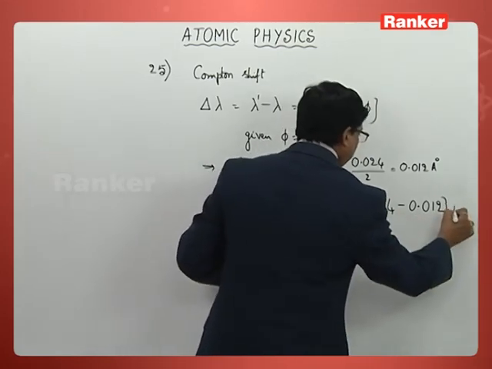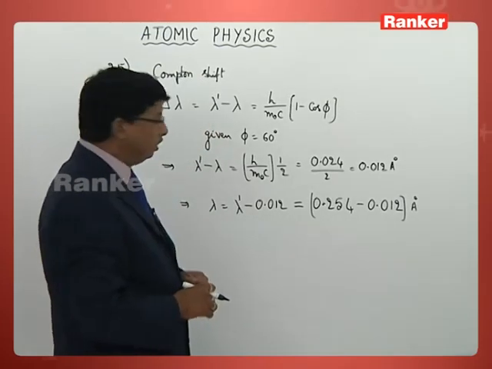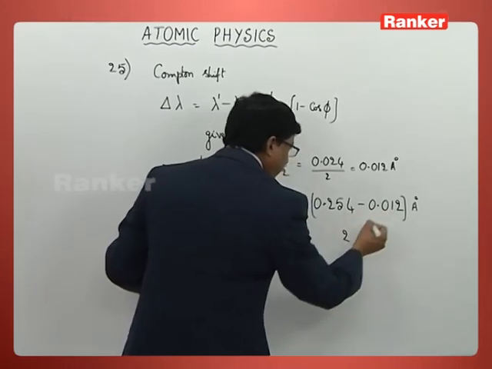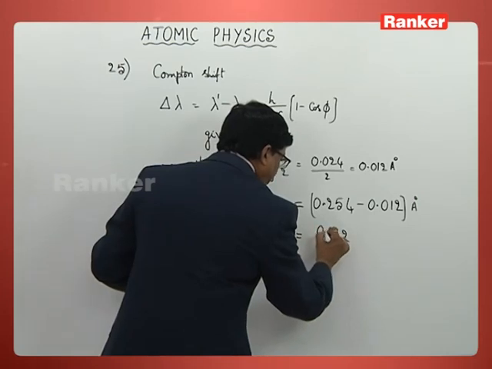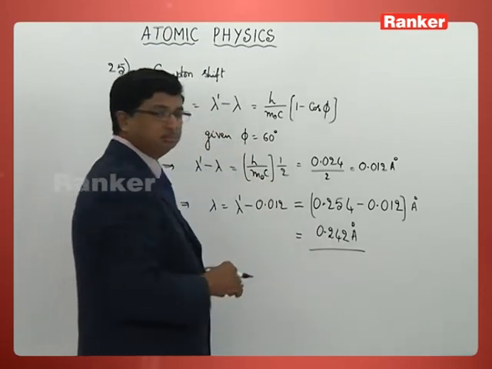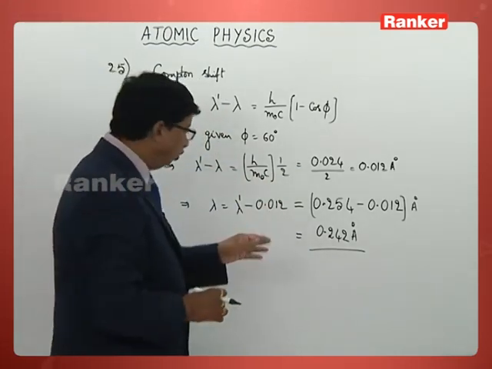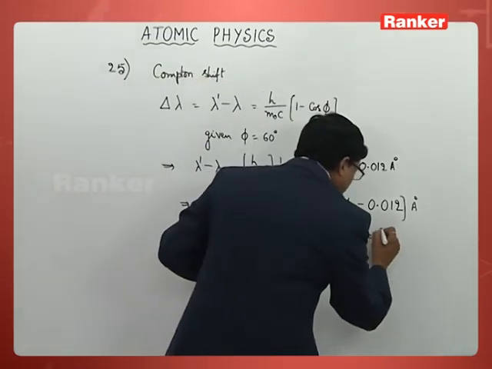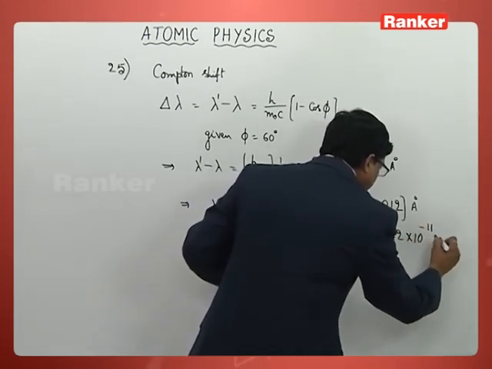The difference of these two will now be your answer. So what are you going to get now? 0.242 angstrom, that you can write as 2.42 into 10 to the power minus 11 meter.